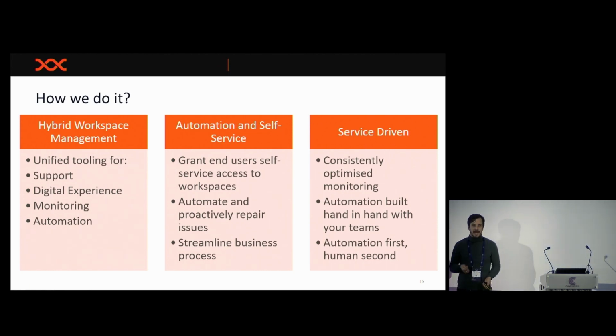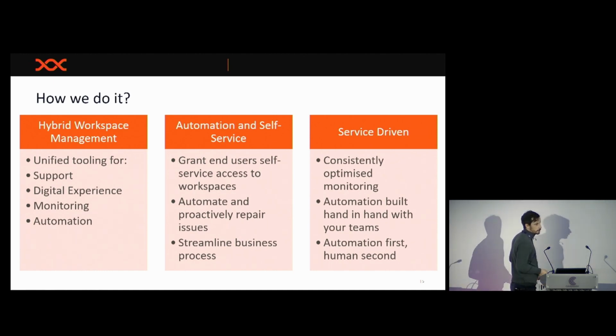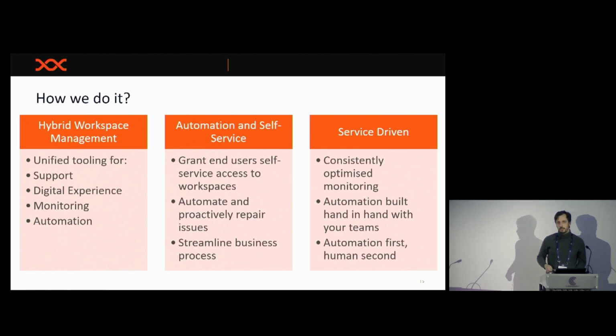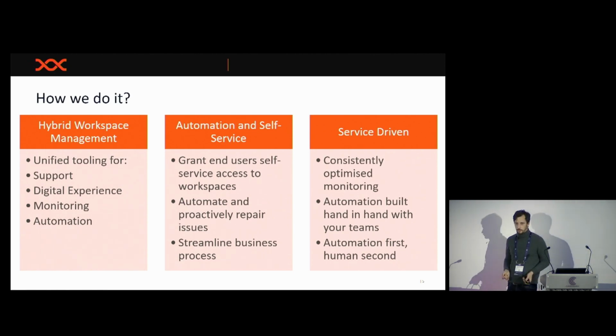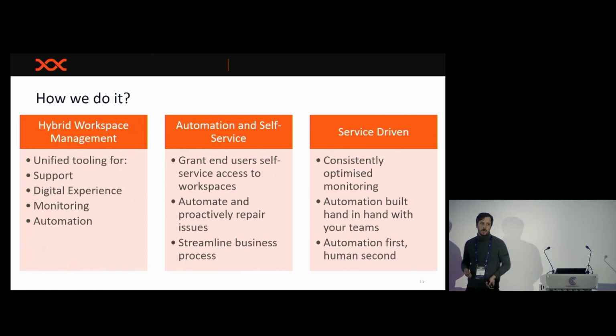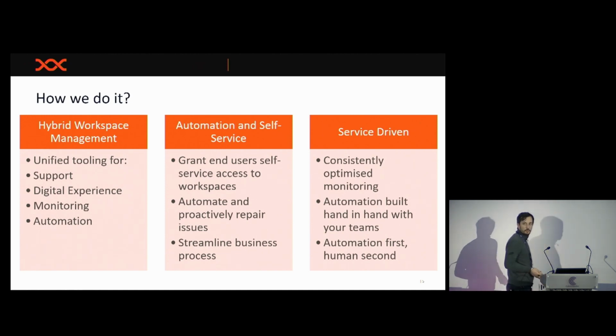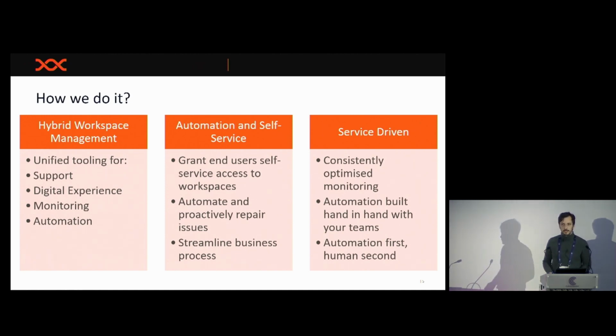When we do this hand in hand with organizations, we're seeing a step change in the way that they utilize and adopt our tools. That step change is helping organizations to drive a culture of automation, to fix things faster, to be proactive.